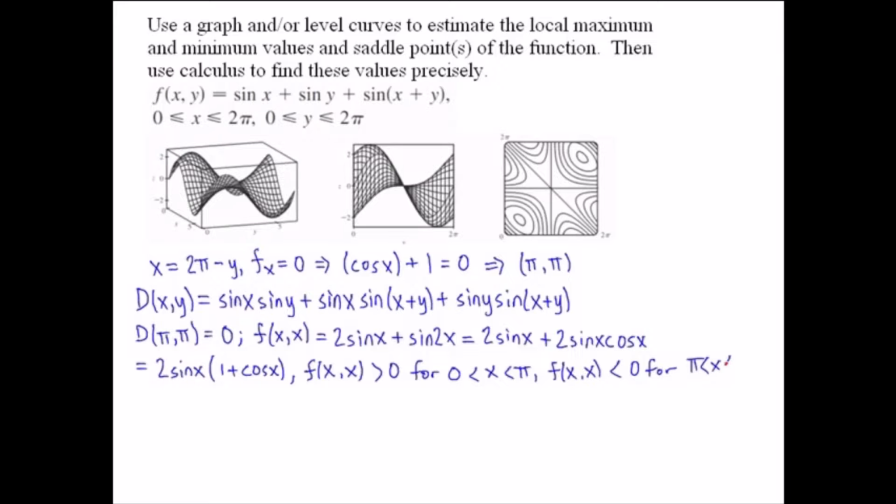Thus, every disk with center (pi, pi) contains points where f is positive as well as points where f is negative. So the graph crosses its tangent plane, z equals 0, there, and (pi, pi) is a saddle point.